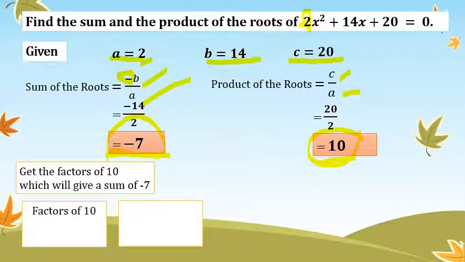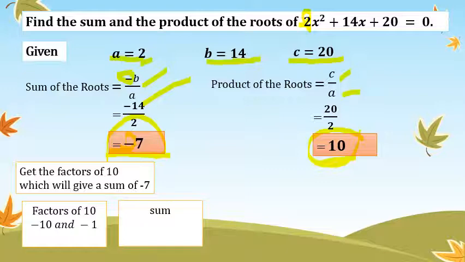So, for the factors of 10, we have negative 1 and negative 10. Bakit pala negative ang napili natin? Kasi ang sign kapag inadd ay negative. Kaya dapat ang dalawang factors ay pareho negative. So, i-add nga natin, kunin natin ang sum.